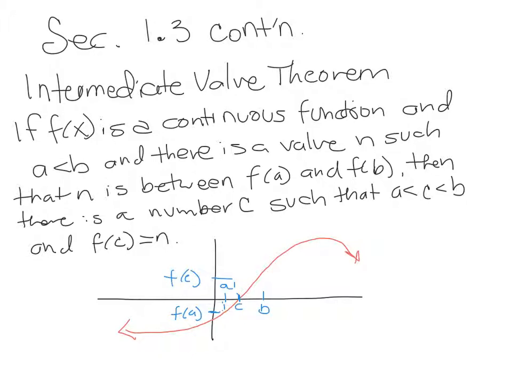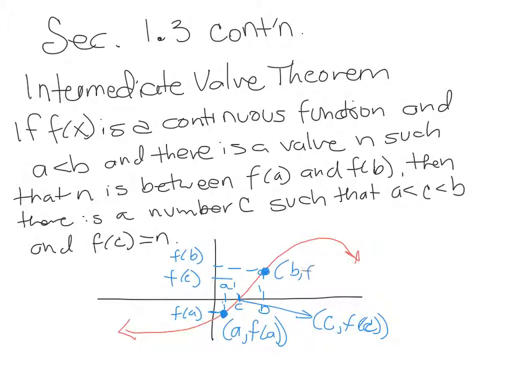And for b, we're going to have a value of y that is f of b. This point is going to be a, comma, f of a. Then this point here is going to be c, comma, f of c. And this point here is b, comma, f of b.